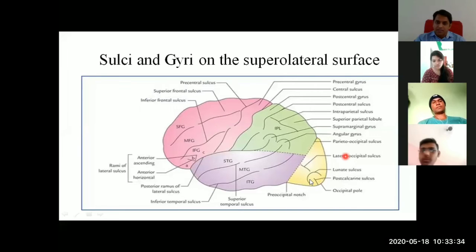This lunate sulcus is also called the opercular sulcus because it acts as a lid which hides the other area, the parastriate area. The other sulcus running here is called the lateral occipital sulcus. So this is all about the superolateral surface. You need to know the names of each of these sulci and gyri on the superolateral surface.